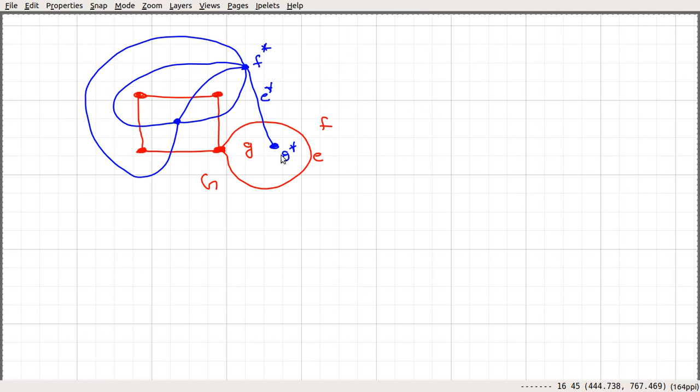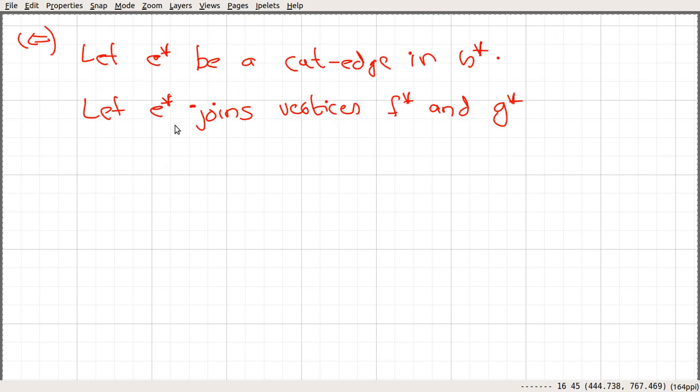Something similar to this. We are looking at this dual graph, and we can see that this E star is a cut edge. If you delete this E star, then the graph will become disconnected. Let's see what is going to happen in our dual graph. So let E star join vertices F star and G star.